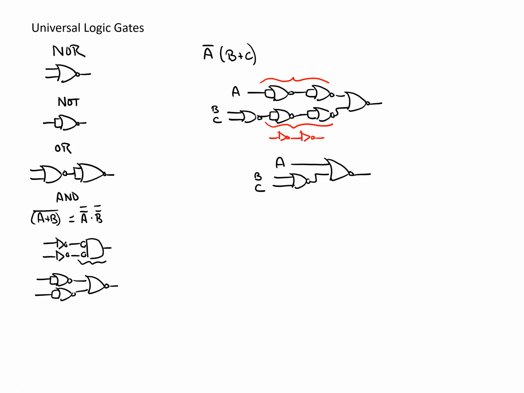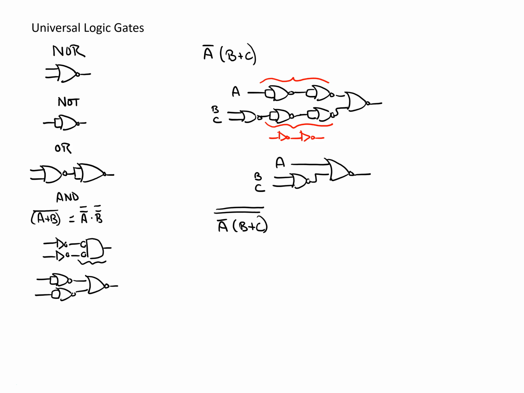Another way to approach this would be to see if we can rework this equation where it's mostly represented as a set of NOR functions. And so if we take our NOT A and B or C, and if we negate this twice, we haven't changed it because negating something twice is equivalent to the same thing.